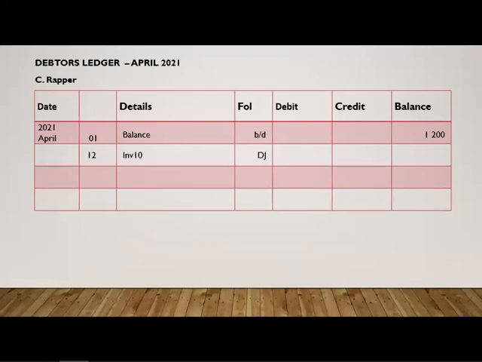Whenever the debtor buys goods from us on credit, this account will increase on the debit side by 4,400. Now, all I'm going to do is to add this to the balance that C Repa was owing us at the beginning of the year. You are going to add them together, and the new balance that C Repa owes us will be 5,600.